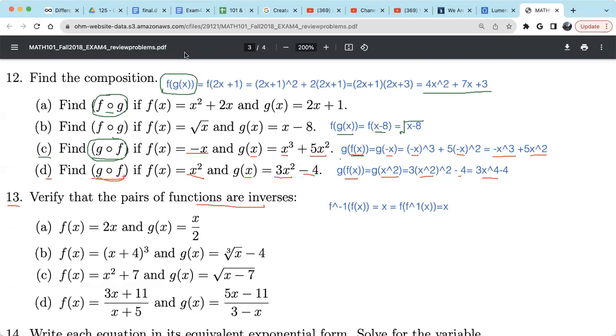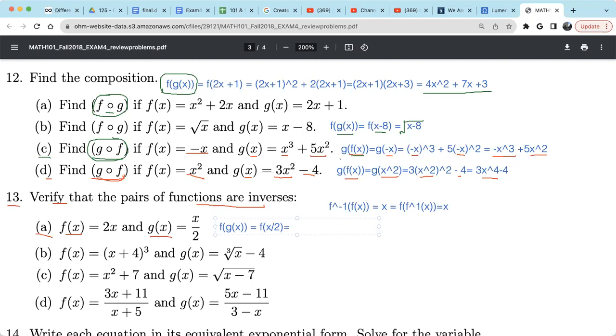Okay. So now we want to verify whether f and g are inverse functions. So we do composition of functions. First we do f composed with g. That means f takes g as input, and g is x divided by 2.